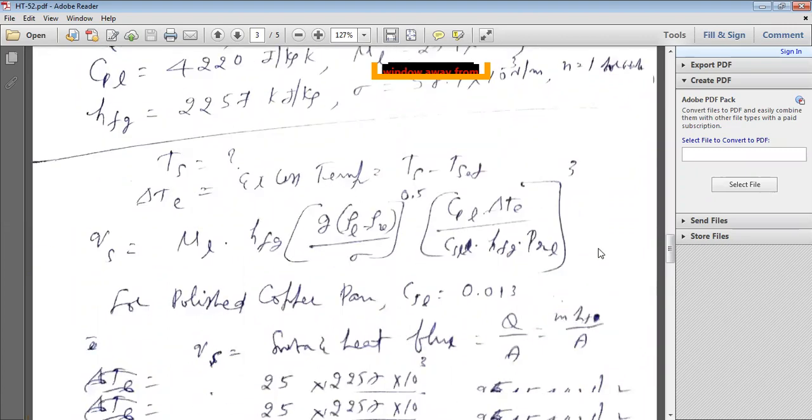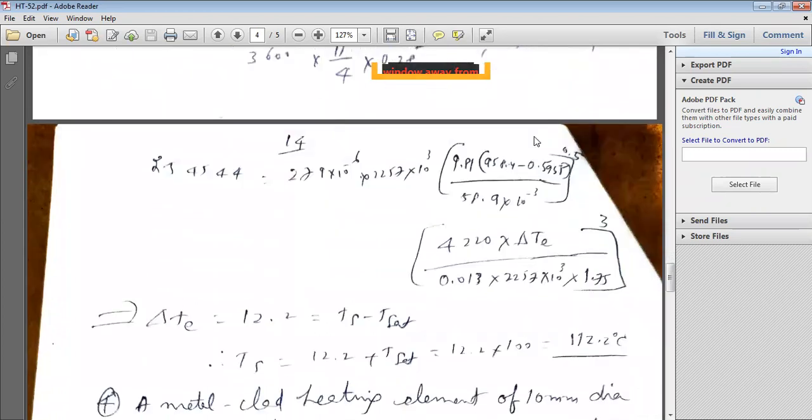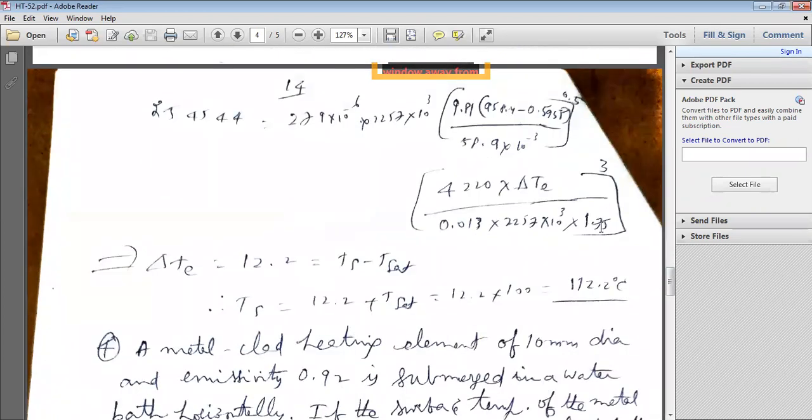So Prandtl number to the power n, with n equal to 1. That's why Prandtl number only, about 1.75.